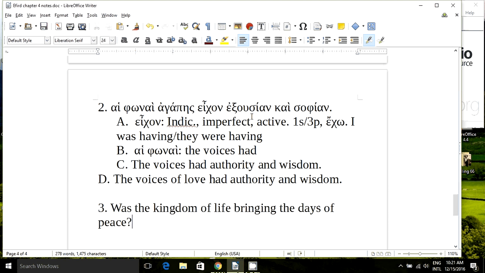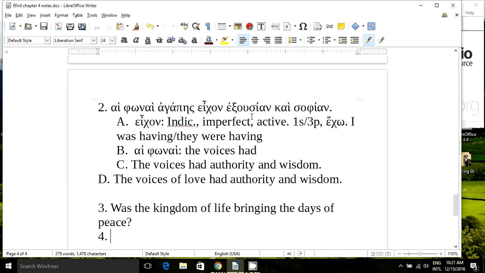Okay. 4. He doxai te zoes agapes krinusin tas hamartias ton hemeron. Where is the verb? It's krinon. It's from krino. Means in its third person plural, krinusin.